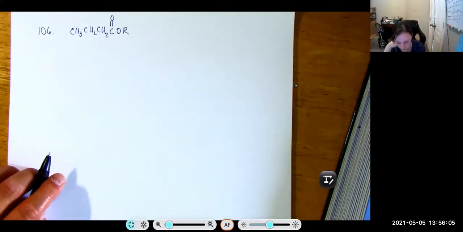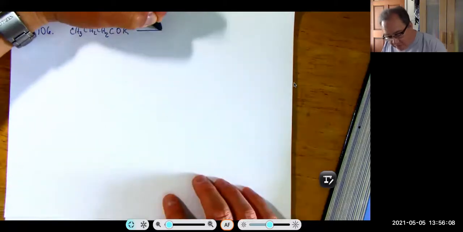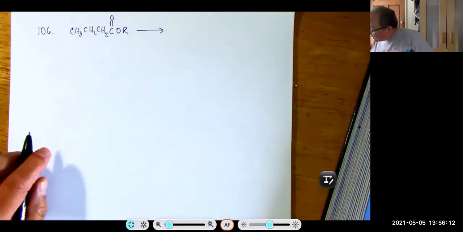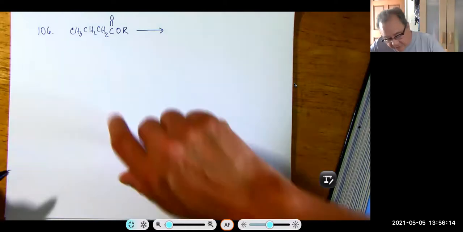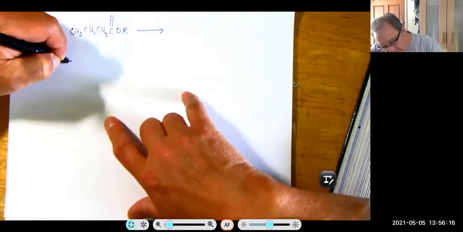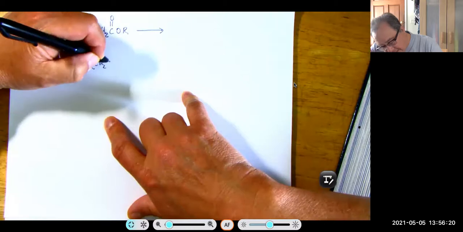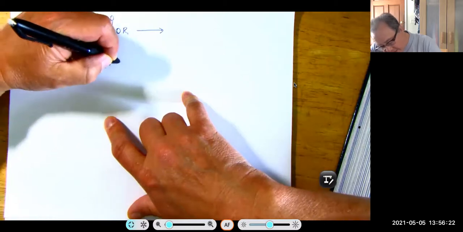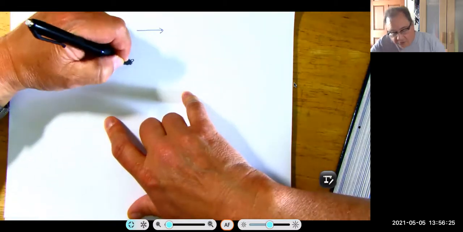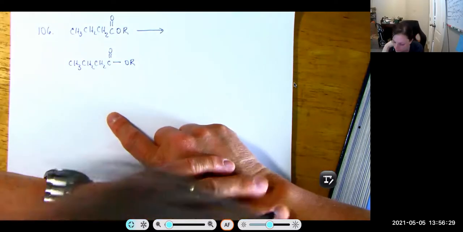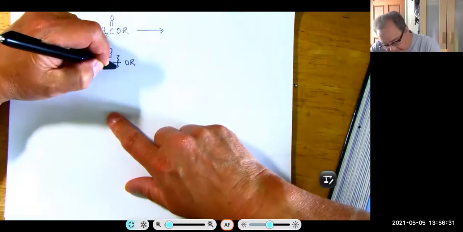So when you hydrolyze this, you make an alcohol and an acid. And they tell you that you make butanoic acid. So I'm going to draw this a little bit differently, and I'm going to draw it out like that. Now, why am I drawing that bond there? We're going to break it. And this helps us to see what we're going to get.